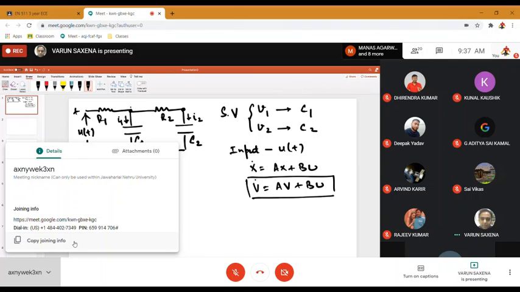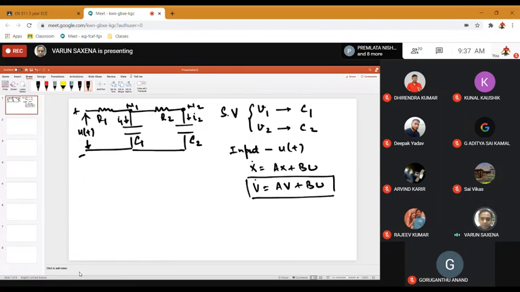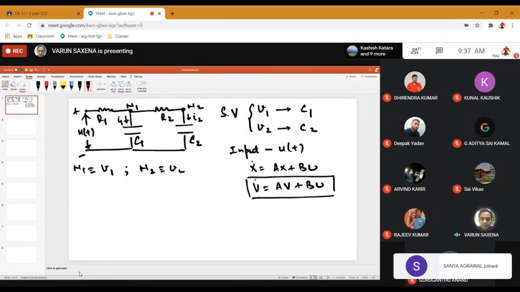Let me call this node 1, and this node 2. So the voltage at node 1 is V1 and the voltage at node 2 is V2. At this point here the voltage is U basically.